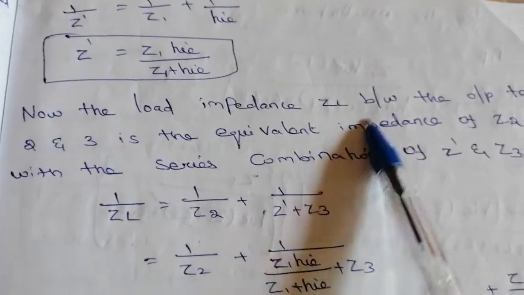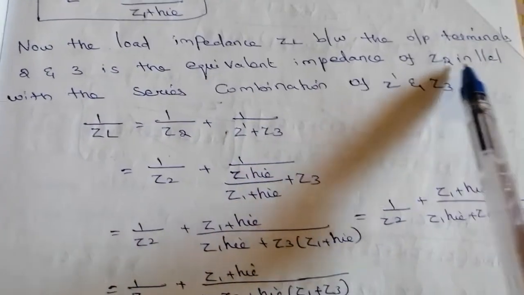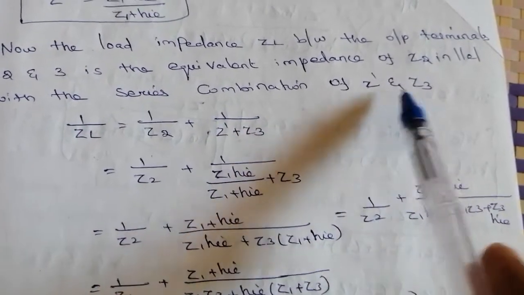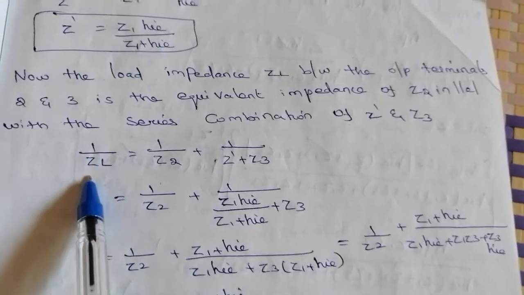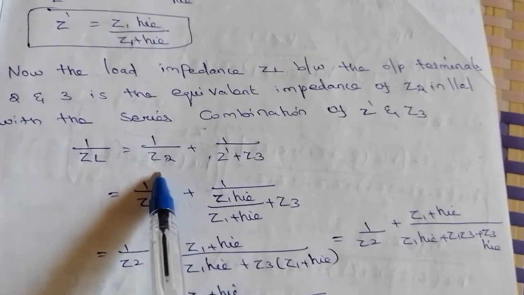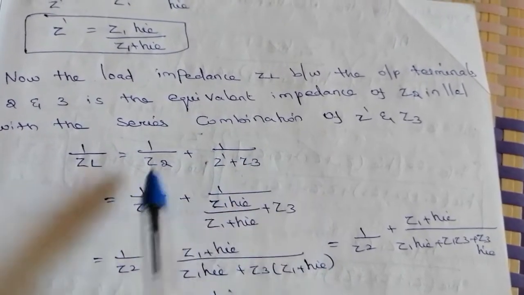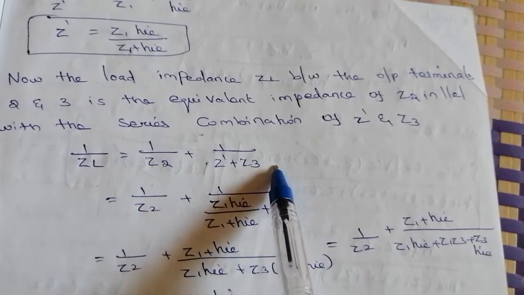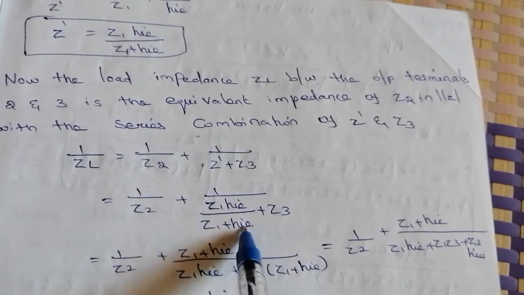Now the load impedance ZL between the output terminals 2 and 3 is the equivalent impedance of Z2 in parallel with the series combination of Z dash and Z3. Right? So from that we can find 1 by ZL, the load impedance, equal to 1 by Z2 in parallel with the combination of Z dash plus Z3, which is nothing but Z1 hie divided by Z1 plus hie, plus Z3.